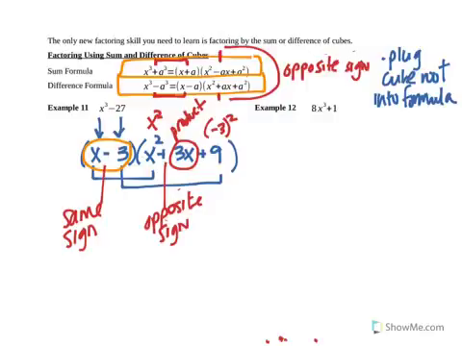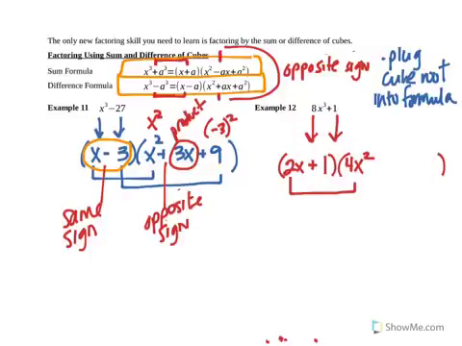So let's do the same thing with example 12. This is 2x cubed. This is 1 cubed. Keeping the same sign, 2x times 4x squared is how I'm going to get 8x cubed. 1 times 1 is how I'm going to get 1.